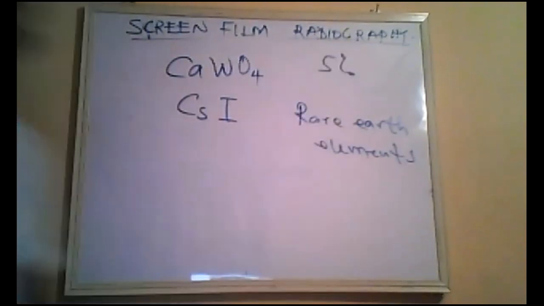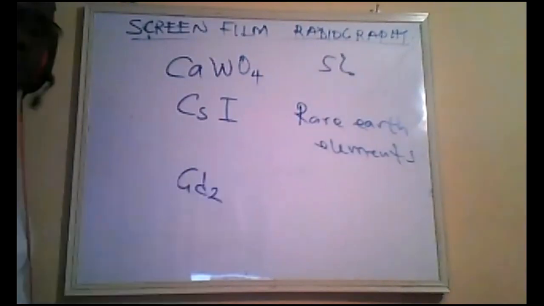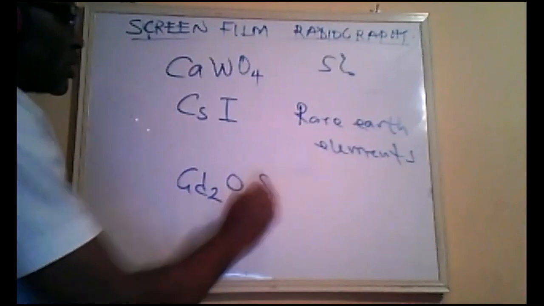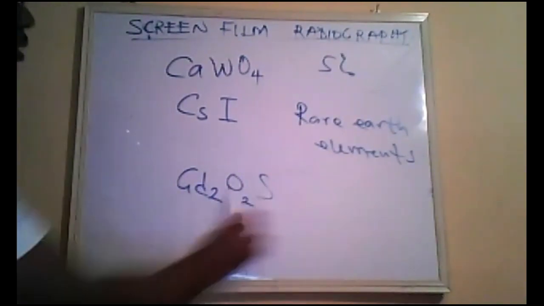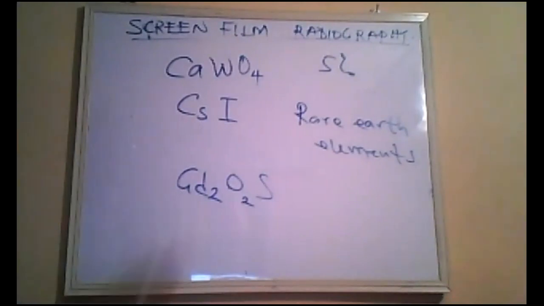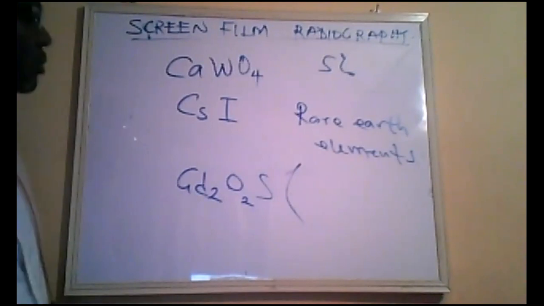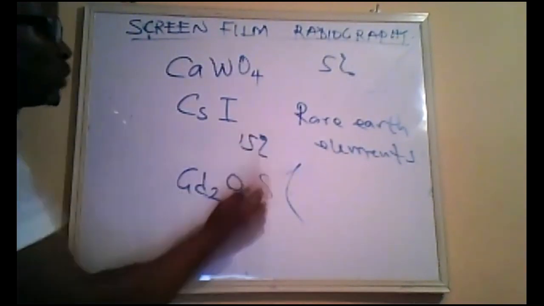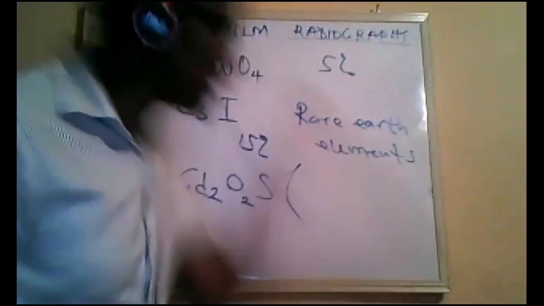But the very wonderful one, I think, is gadolinium oxysulfide. Chemistry students, gadolinium oxysulfide has about the best conversion efficiency of 15%. So this is the major one that is still in use today.